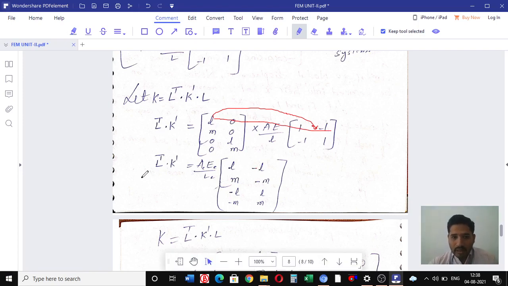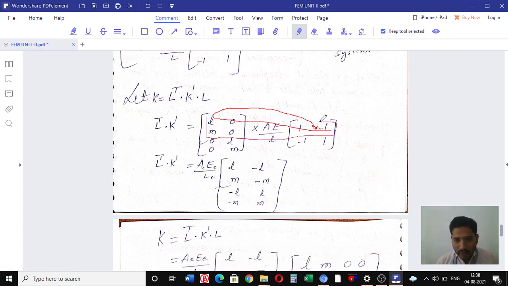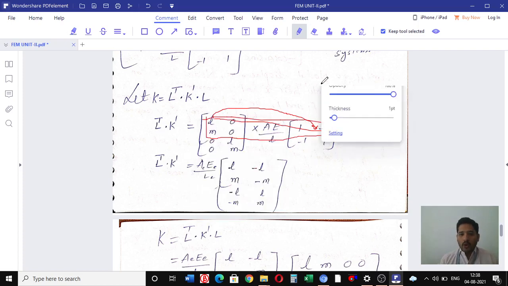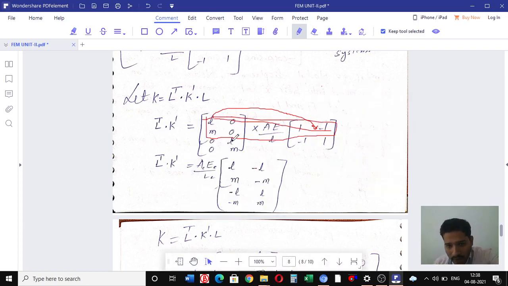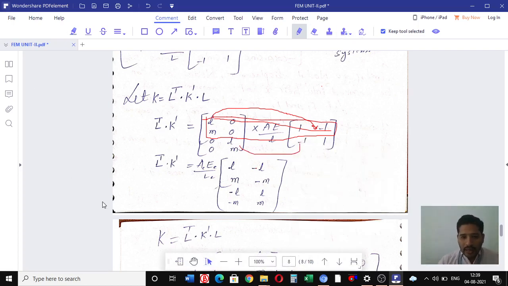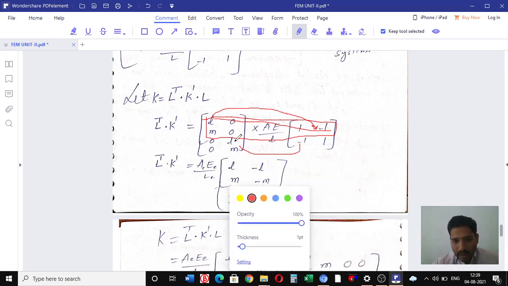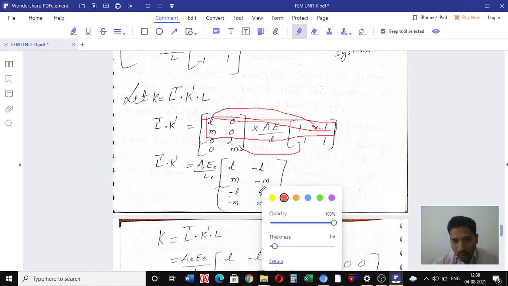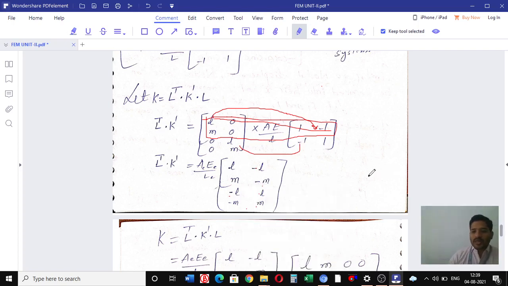This above L and m we need to multiply by the first value. Clear? I hope no one is having confusion. This bottom L and m we need to multiply by the bottom value. L into minus L should be minus L, L into plus 1 should be plus L, m into minus 1 should be minus m, and m into plus 1 should be plus m. Clear?